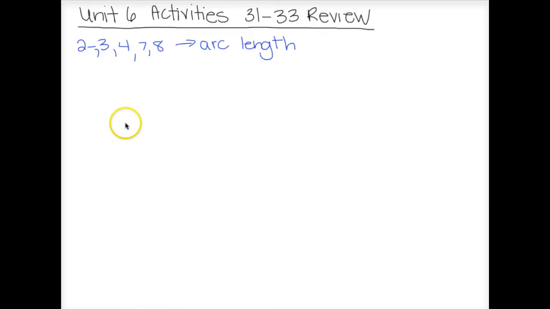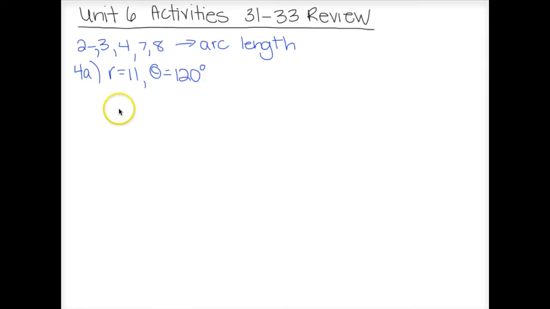So we're going to start with number 4 here, and number 4 is asking you to find that arc length. In 4A, the information given to you is that the radius is 11, and the angle of rotation is 120 degrees.